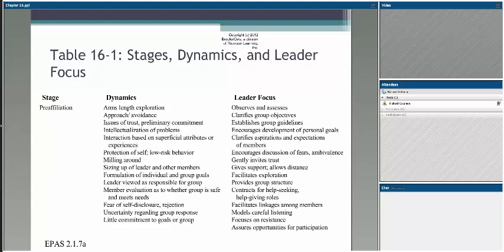These are some examples of the various stages in terms of the group process, and what we then take into consideration for you as that leader. So how are you going to get these things done? The pre-affiliation stage is looking at a certain scope of dynamics, and the leader's role, as you can see, needs to adjust accordingly as well.